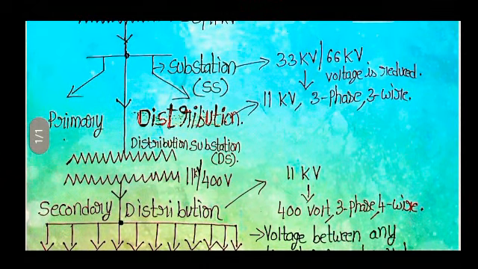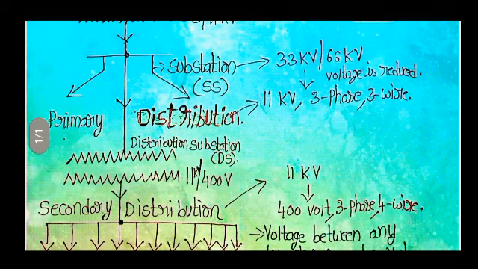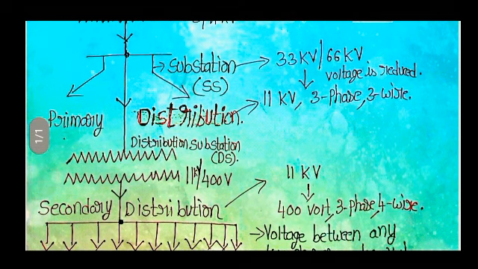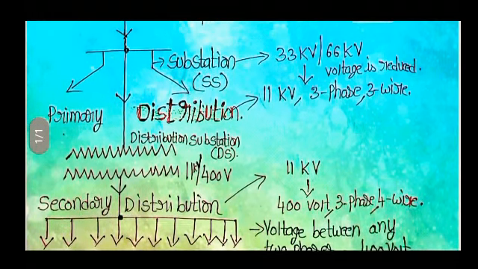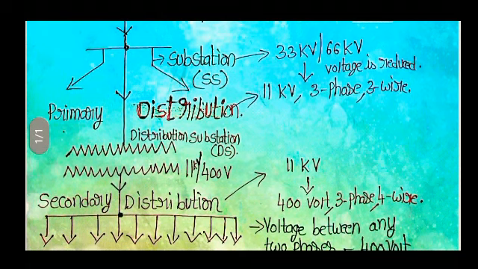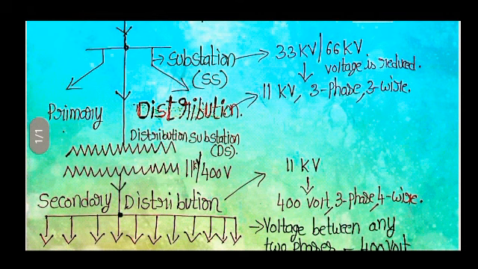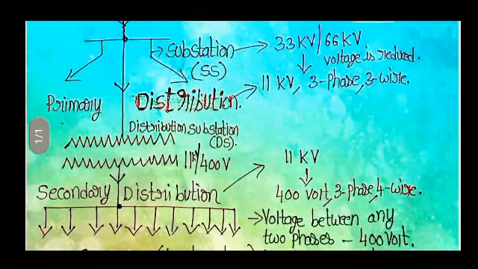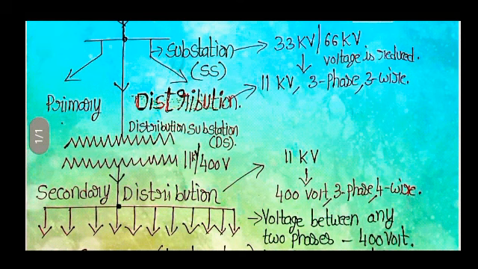These substations are located near the consumer localities and step down the voltage to 400 volts 3-phase 4-wire for secondary distribution. So these substations are located near the consumer, and we step down the 11 kV to 400 volts, that is 3-phase 4-wire for secondary distribution.